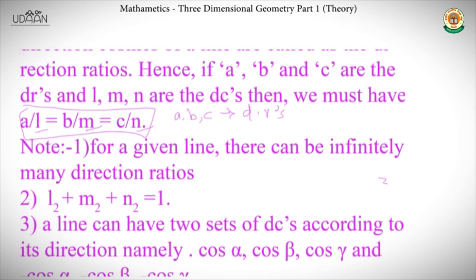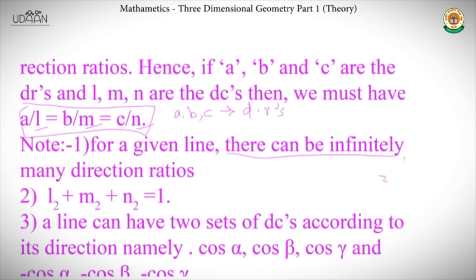Now, some points to be remembered. There can be infinitely many direction ratios, because a by l equal to b by m equal to c by n equal to say lambda, and lambda can attain any real value, so there are infinitely many possible ways for this.